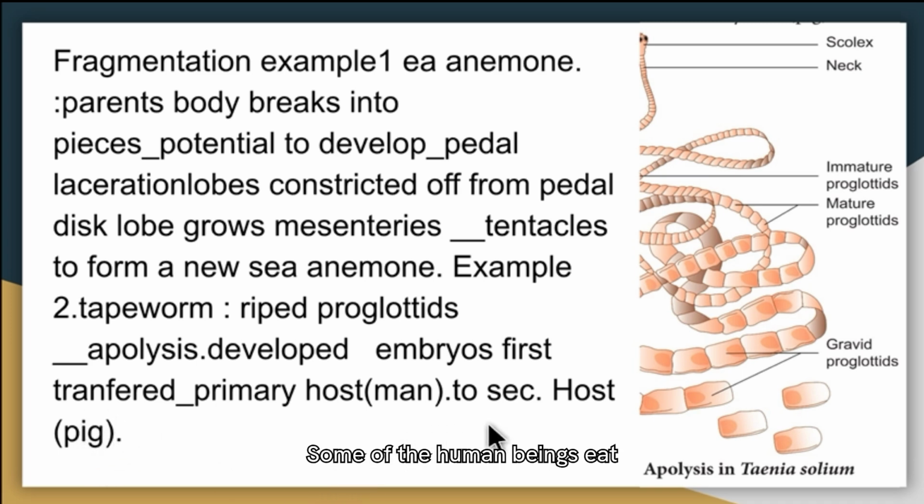Some human beings eat pig muscles. In uncooked, unboiled pork, the complete parasite is again produced in the human body. This is the second example for fragmentation.